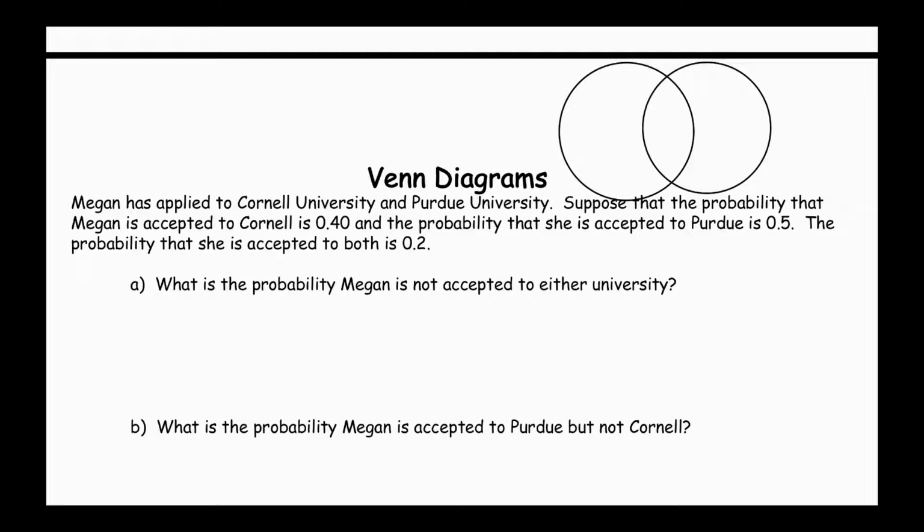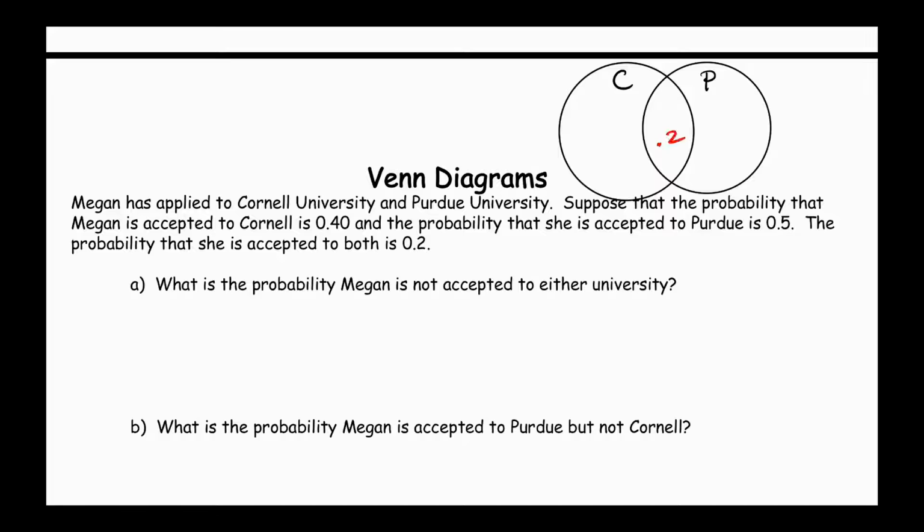Okay, so one event is she gets into Cornell, so I'm going to use a C for Cornell. The other event is she gets into Purdue, so you're going to use a P for Purdue. When you're doing Venn diagrams, always start in the middle. So the middle is both. What's the probability she gets into both?